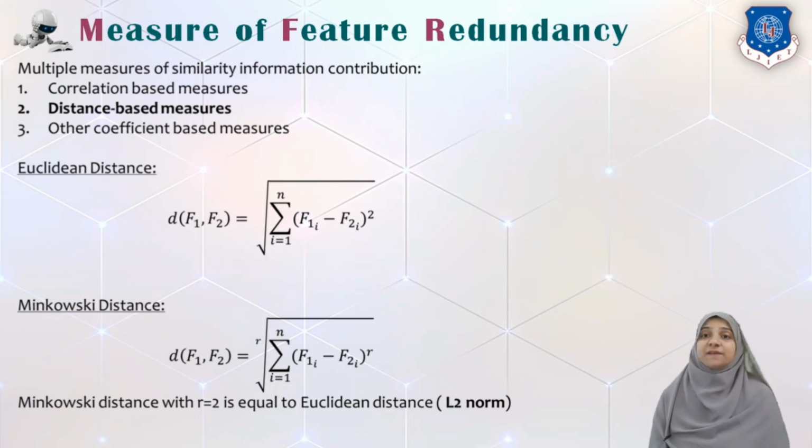So basically, if I substitute the value 2 for r in the Minkowski distance formula, I will ultimately end up with Euclidean distance. That's why we can say Minkowski distance with r equal to 2 is the same as Euclidean distance, which is also called the L2 norm.